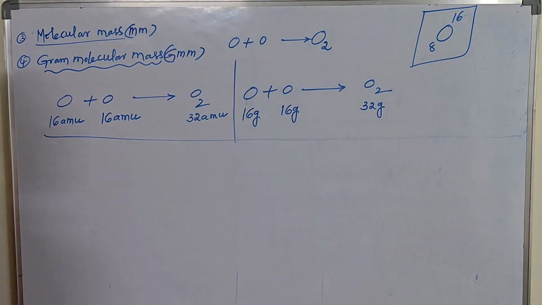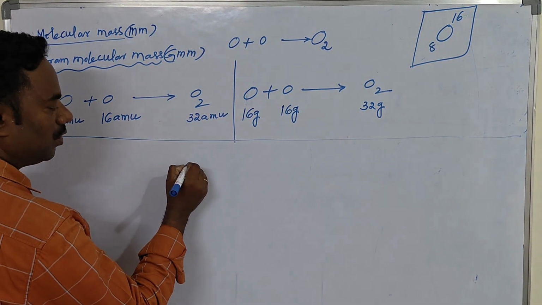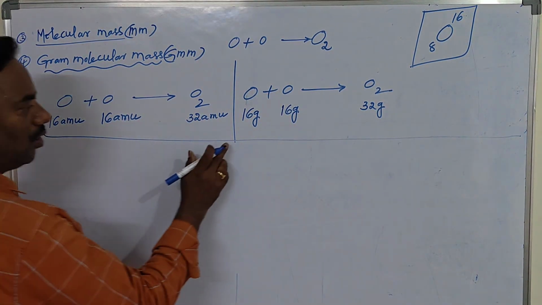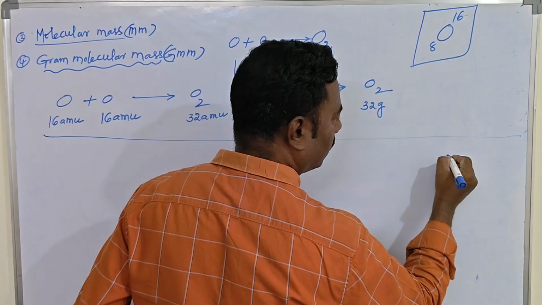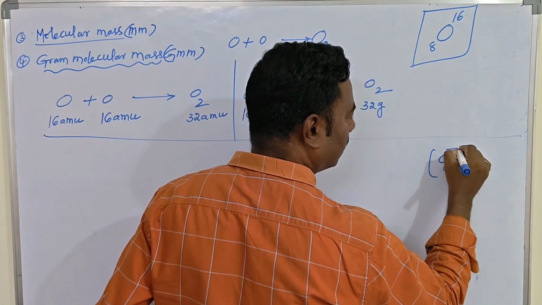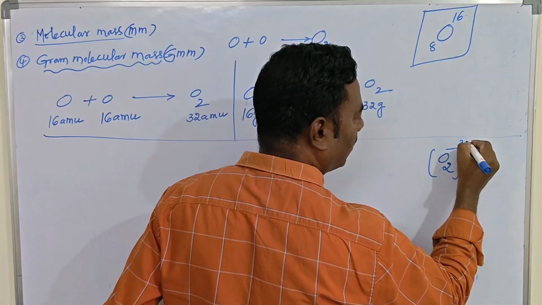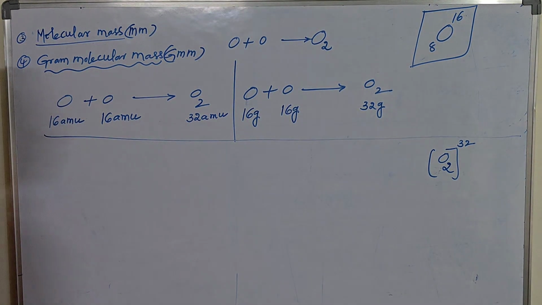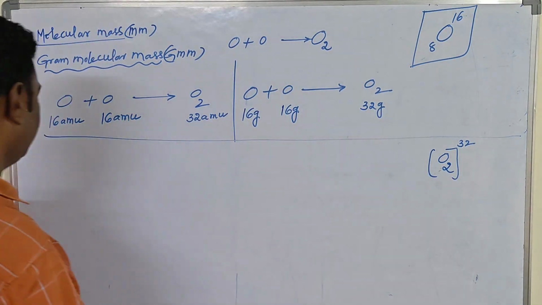Just observe clearly. This is oxygen. This is the oxygen molecule. Its mass is 32: 16 plus 16, 32.